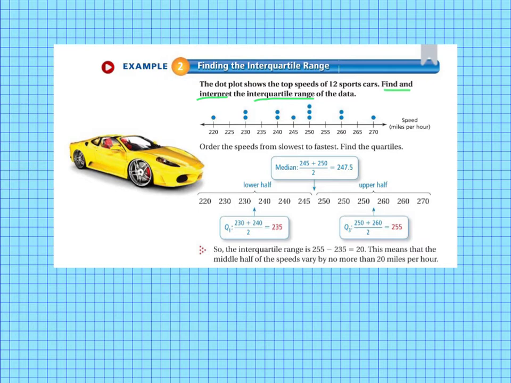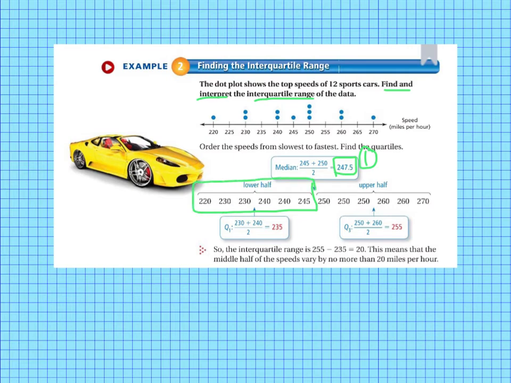You need to do that to find your median. So step 1 is finding the median, which splits your data in half, giving you a lower half and an upper half. The median itself does not go into either one of those halves. It stays separate.